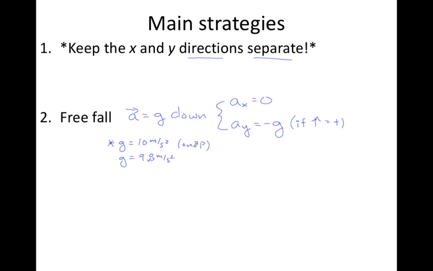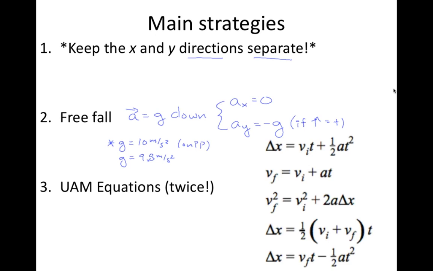The third thing to remember is that objects in projectile motion have a uniformly accelerated motion, or UAM. And so the UAM equations that we learned from the last two chapters are still going to be relevant, and we can still use them, but we have to remember that we're keeping the x and y directions separate, and so these equations can be applied twice, once to the x and once to the y.